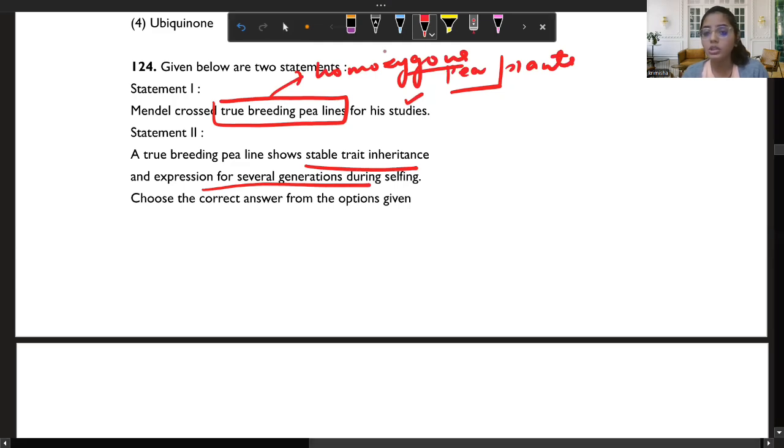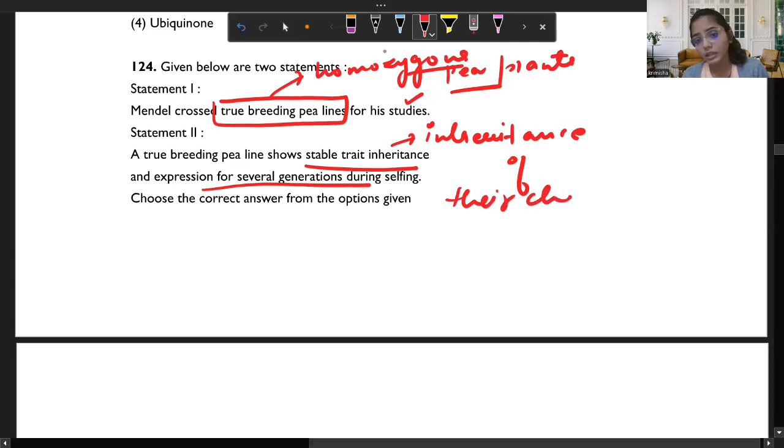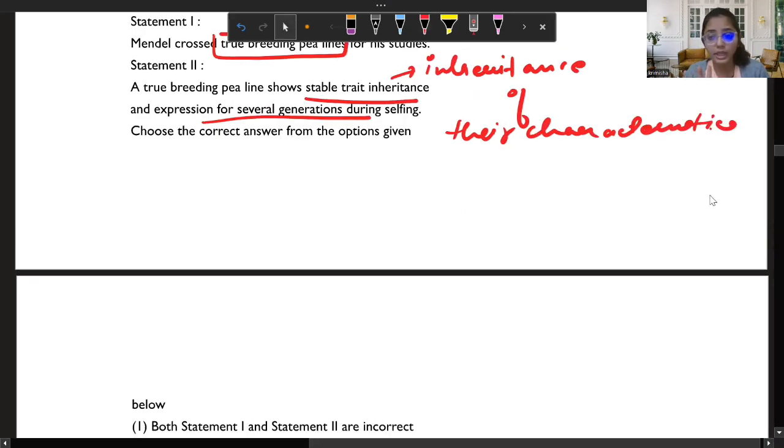Stable trait inheritance means that the inheritance of the traits in a cross between two homozygous pea plants is stable throughout the generations. It does not vary much. It does vary, but not much.